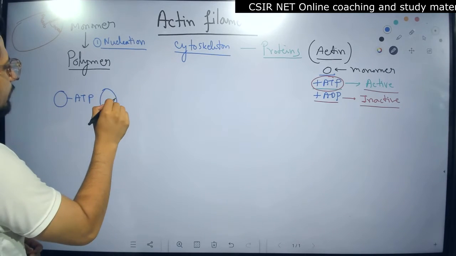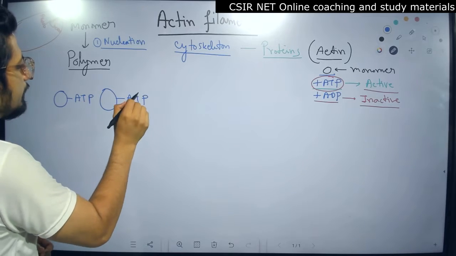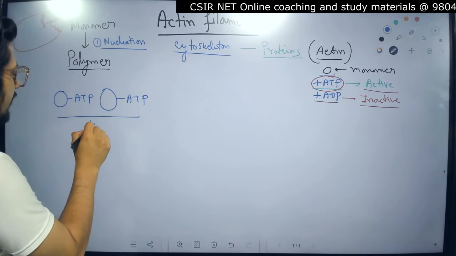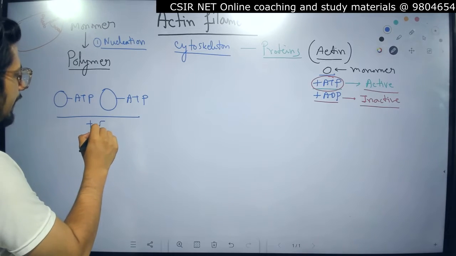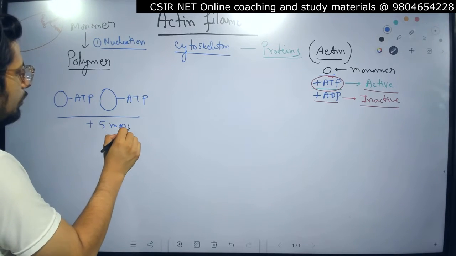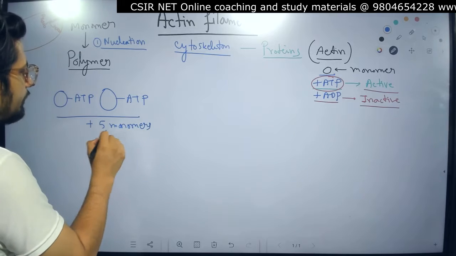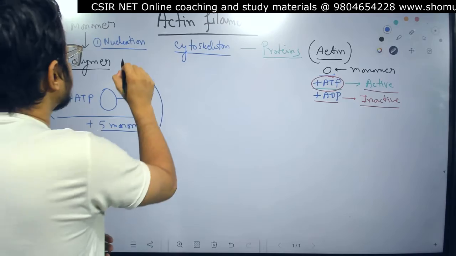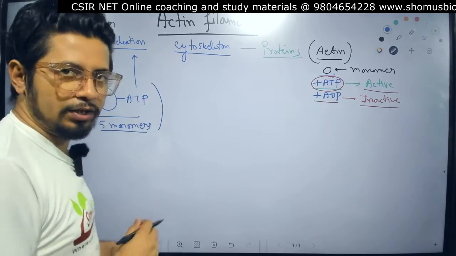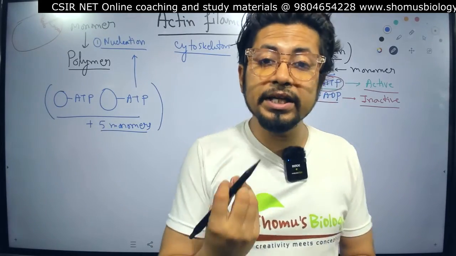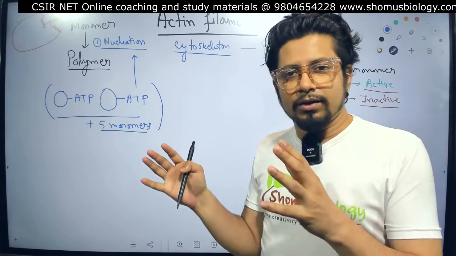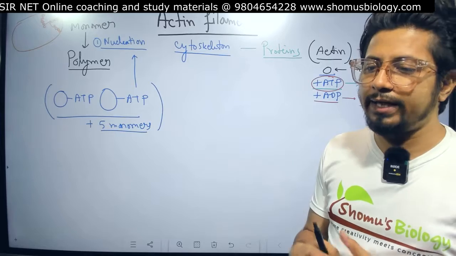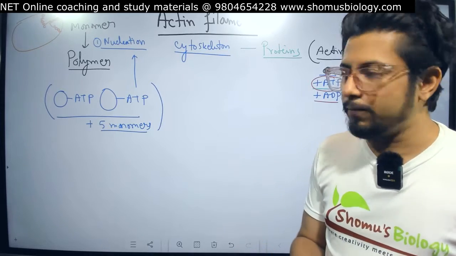Such actin monomers with ATP together, and more than 3 to 5 such monomers, let's say 5 such monomers, stitched together due to the presence of ATP associated to them, is known as the nucleation of actin.